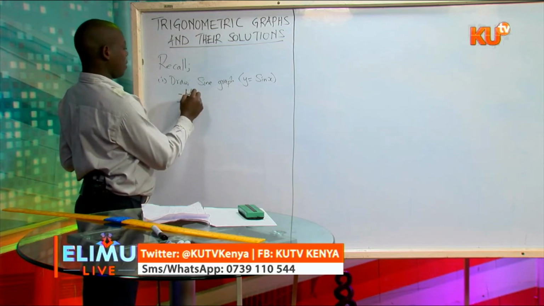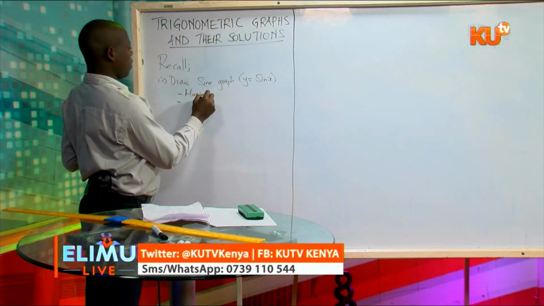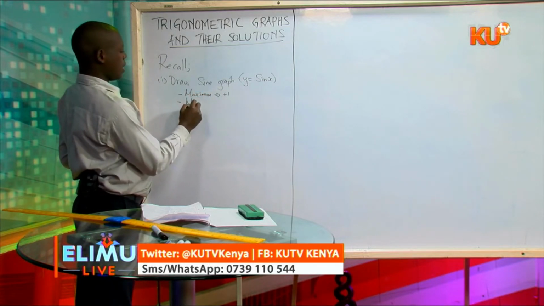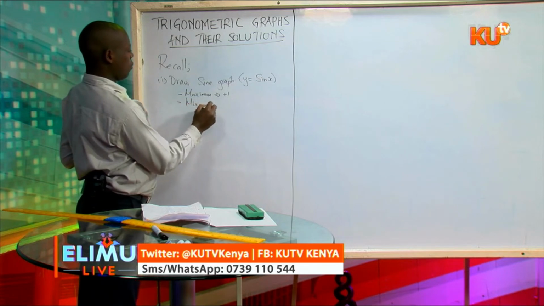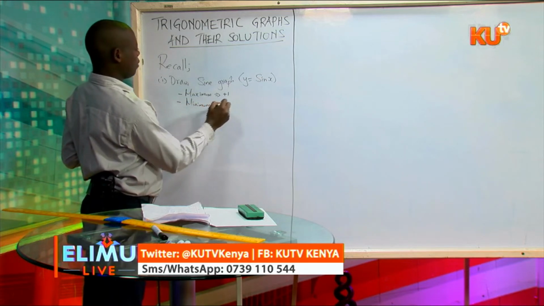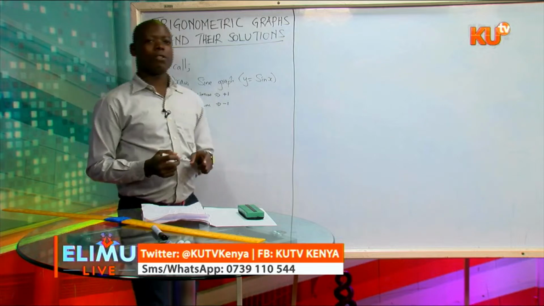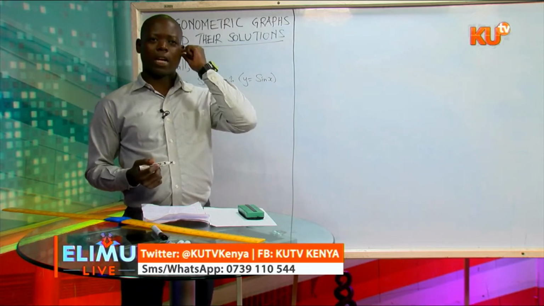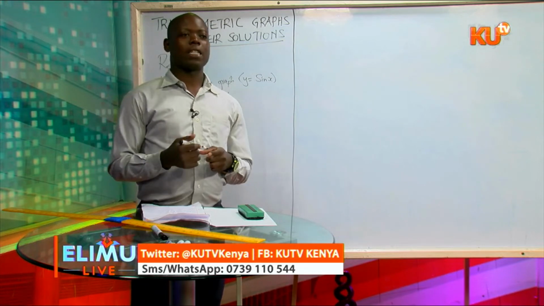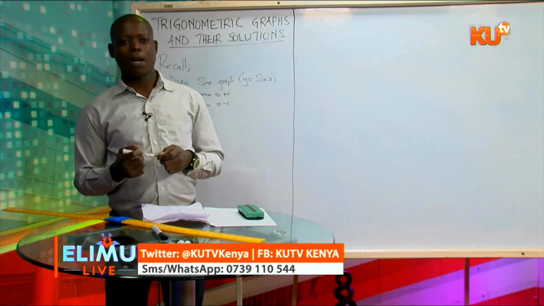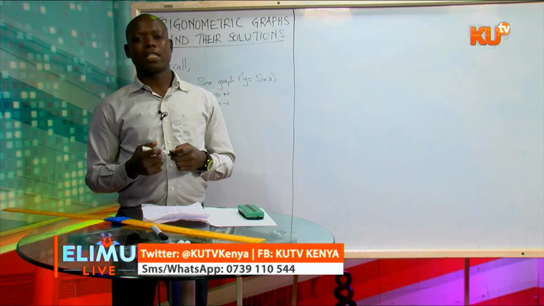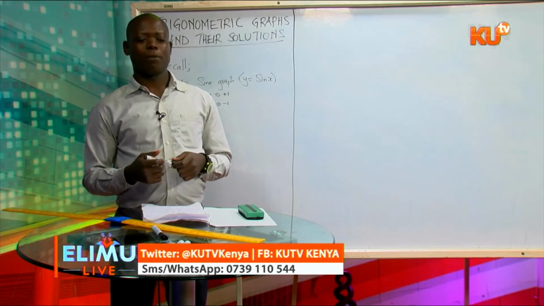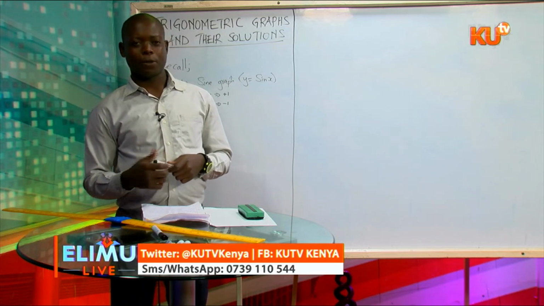The maximum is always equal to positive 1, and its minimum value is always equal to negative 1. And therefore, the graph of y is equal to sine x, above the x-axis, has a displacement of 1, and below the x-axis, it has a displacement of negative 1. That then attributes to what we call the amplitude.